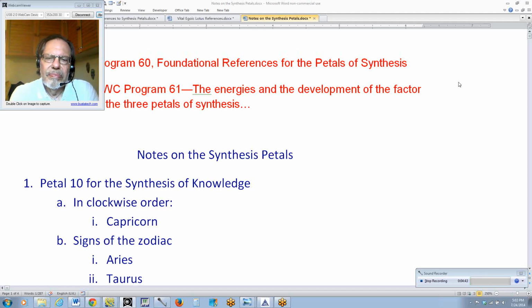Now, my intention here is to try to understand a little bit about the synthesis of knowledge, synthesis of love, and synthesis of will. Of course, there's only so much knowledge that can be accumulated by the human being before the fourth initiation.